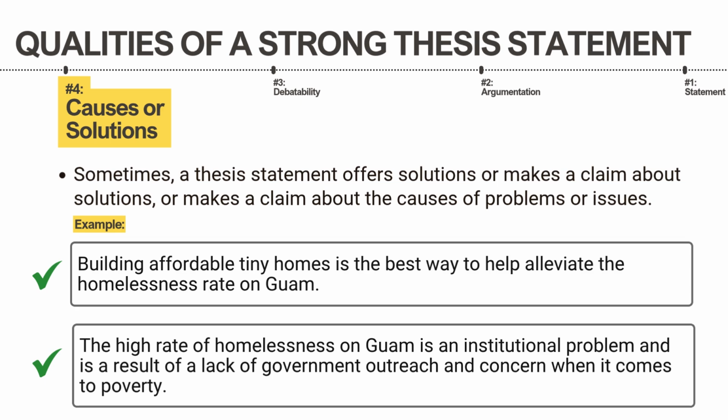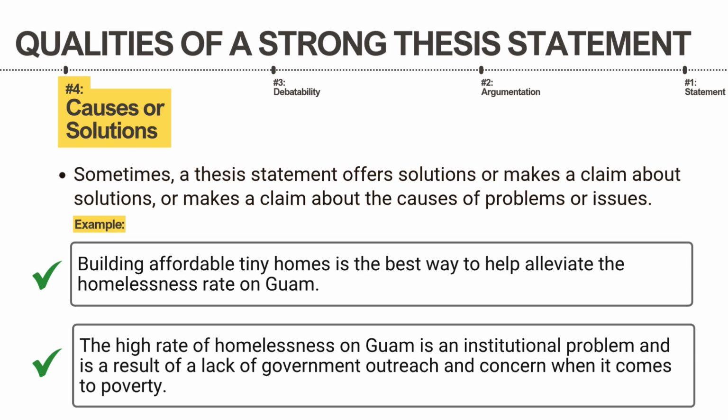And sometimes a thesis statement doesn't just say that something should be or should not be, or is not. Sometimes a thesis statement could offer a solution to an issue or say that there is a certain cause to an issue. So both of those could still be thesis statements. So, for example, building affordable tiny homes is the best way to help alleviate the homelessness rate on Guam.